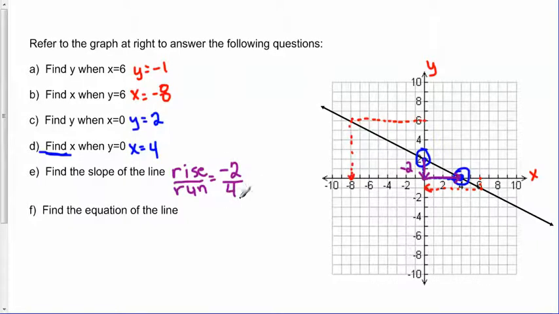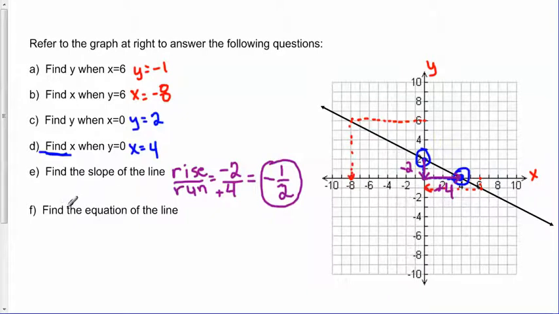Not quite, because we want to be sure that we simplify our slope. So we can simplify it, first of all, by taking care of the sign. We can see that we have a negative divided by a positive, right? This one we were going +4, we were going to the right. So negative divided by positive is going to give me a negative, and 2 over the 4, if we simplify that out, will give us 1/2. So my slope is -1/2.